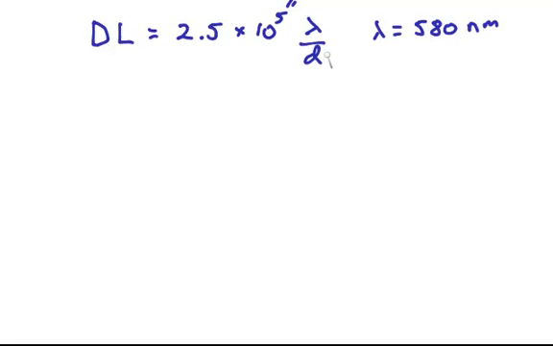And D stands for the aperture of the telescope. We're going to assume that D is 5 centimeters.